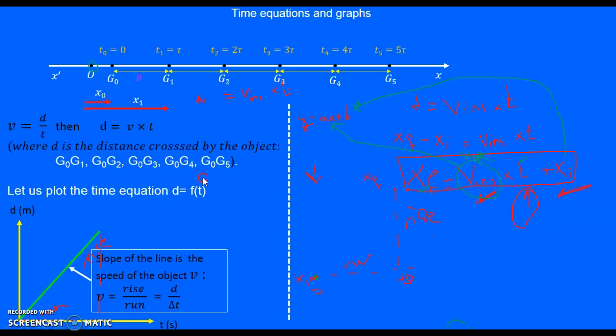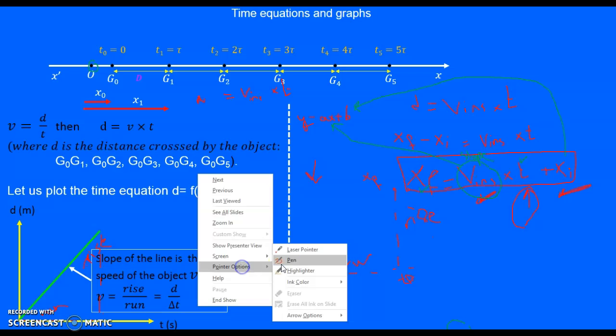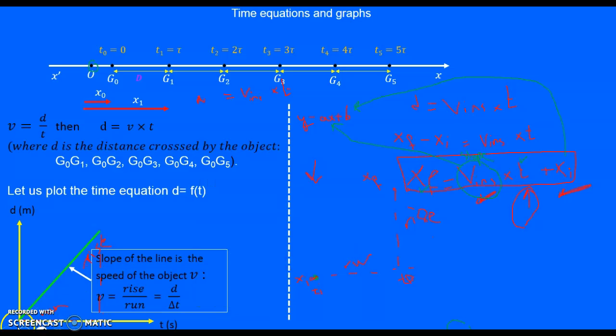Let me use the pointer here to make things clear. For the origin, no distance is covered because at t0 the object started from rest. Now at t1, the object had moved from G0 to G1, so it covered a distance of G0G1.